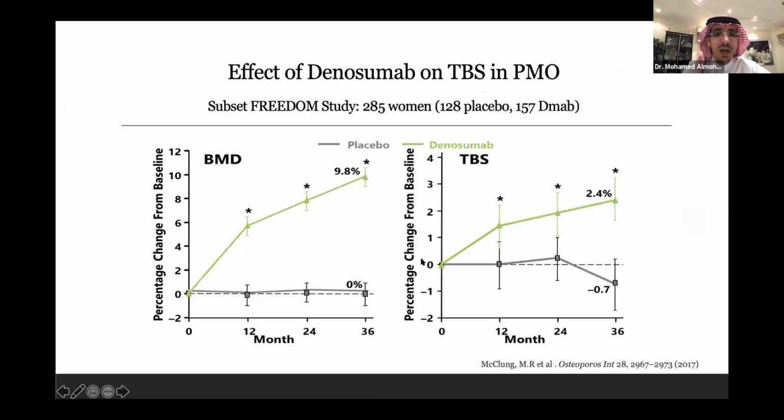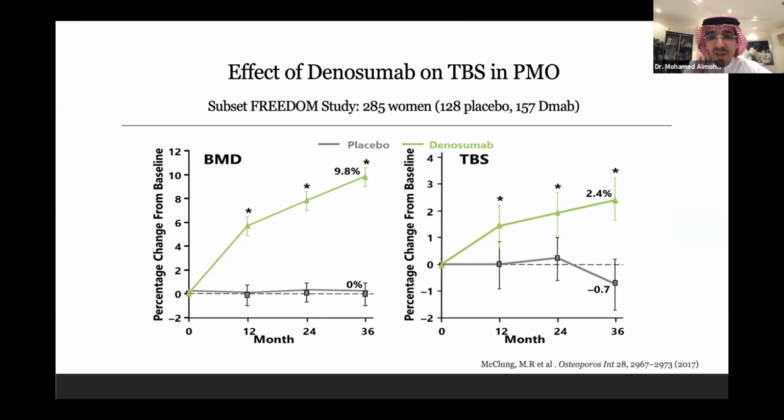Denosumab, as you can see here, after 3 years or 36 months of denosumab therapy in comparison to the placebo, showed a significant increase in regard of BMD, also a significant increase in regard of TBS values, around 2.4%. Whether this has a clinical significance or not, no. It has been defined in this study, the least significant change around 5%.